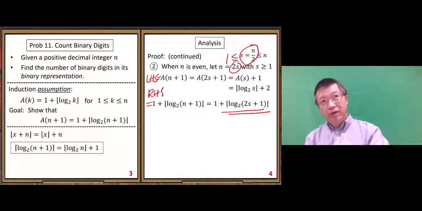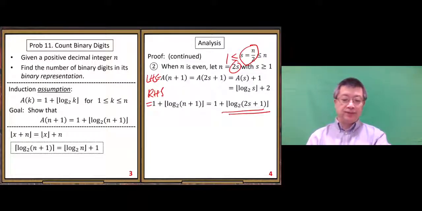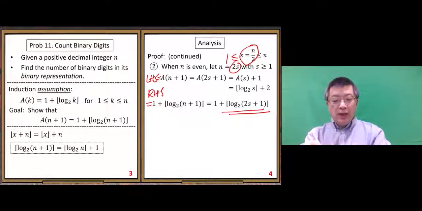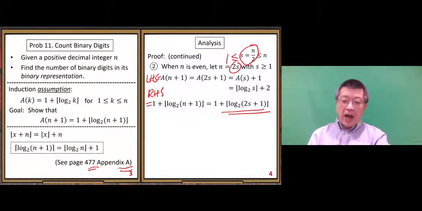It is not easy to prove, but it can be proved. I give you the reference: Appendix A, this page. So you can see it later. Now we need to use this formula.